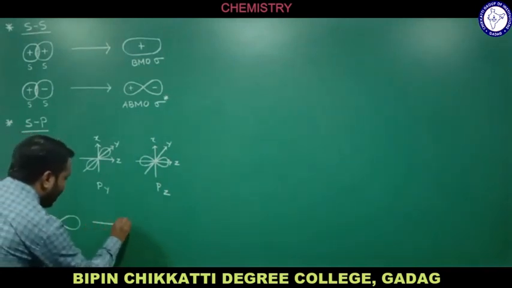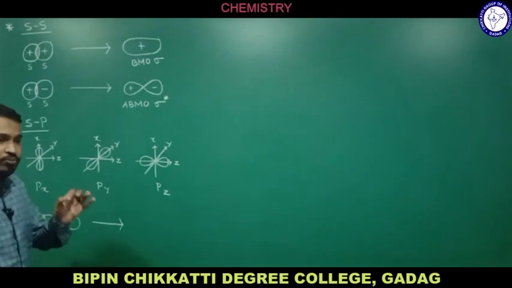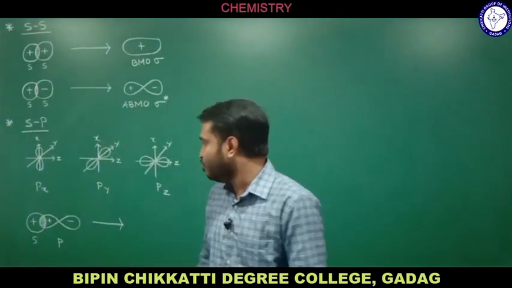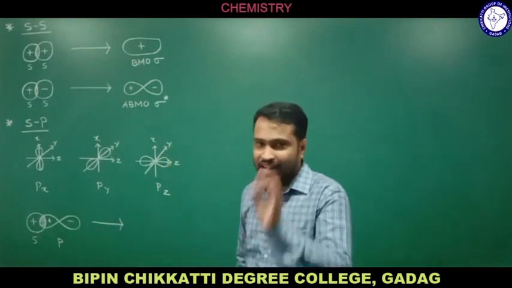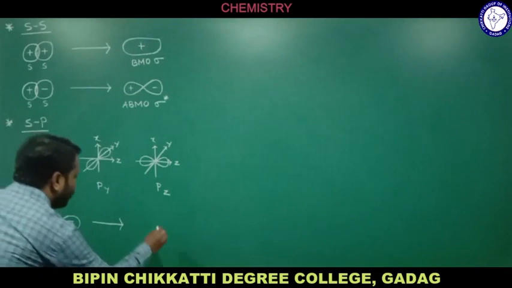So here I am going to talk about what BMO means. The signs of the lobes should be same. So the sign is positive, and here the sign of this lobe will be positive. As we know, when the lobes of atomic orbitals have the same sign, then there will be a formation of BMO. So same sign we have, and that corresponds to the formation of BMO. So how I am going to represent that?